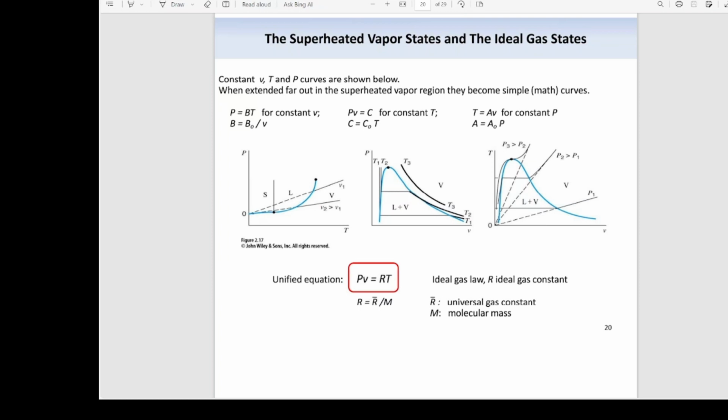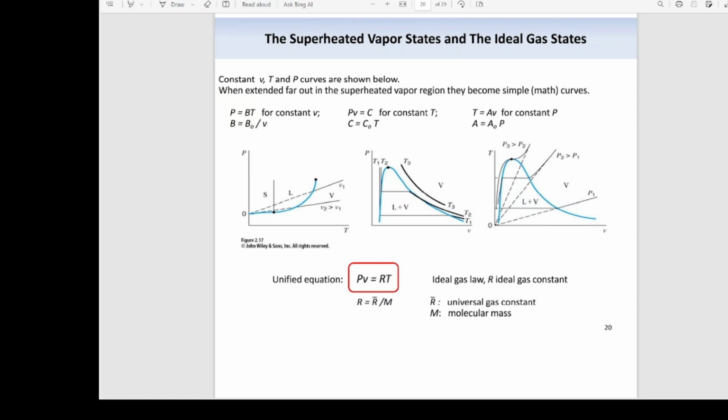We could do pressure times specific volume is equal to some other constant, where that constant C is just going to be a function of some initial value times that temperature. And the last curve, in this case we're talking about constant pressure, so temperature is just going to be equal to A times specific volume, and we can relate it this way with some initial A times some pressure.